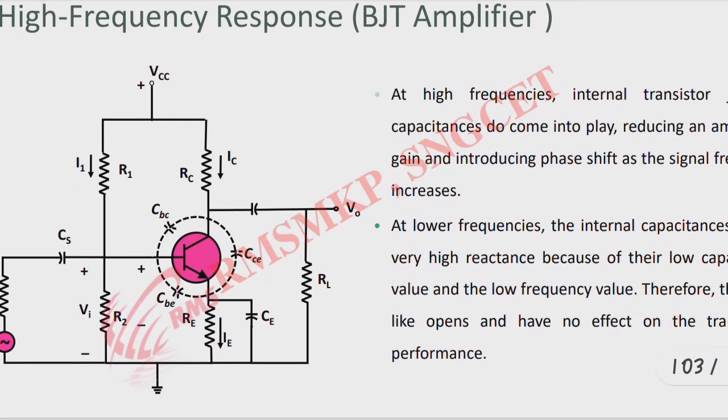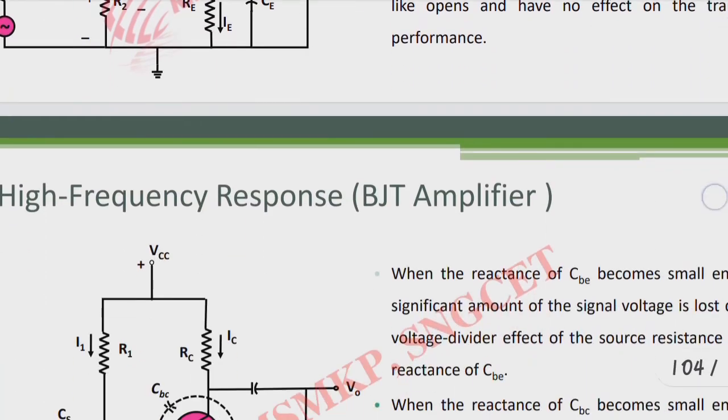Then high frequency. At high frequency, internal transistor junction capacitances do come into play, reducing an amplifier's gain and introducing phase shift as the signal frequency increases. At lower frequency, the internal capacitances have a very high reactance because of their low capacitance value and low frequency value. Therefore, they look like opens and have no effect on the transistor's performance.